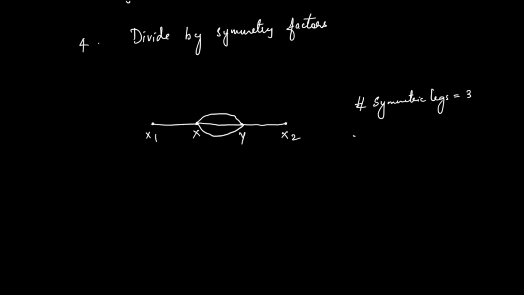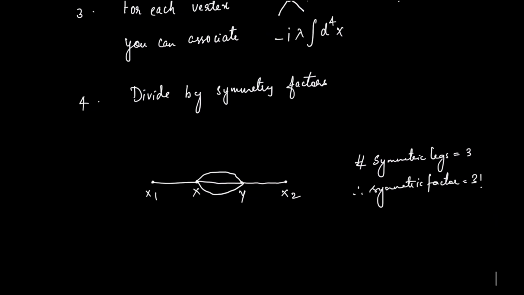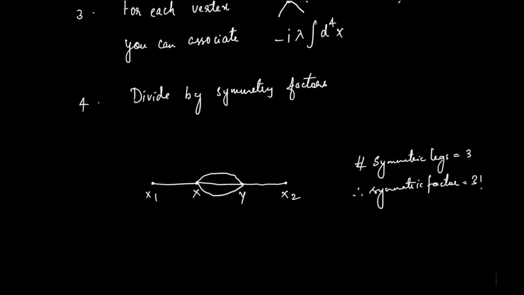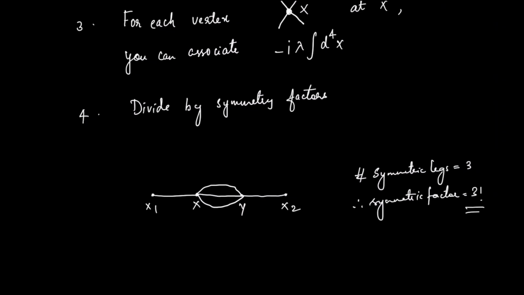Therefore, the symmetric factor associated with this diagram is 3 factorial. Now, the fourth rule says that you have to divide by symmetric factors. The symmetric factor associated with this diagram is 3 factorial, so I have to divide by 3 factorial. Let me do that at the last.